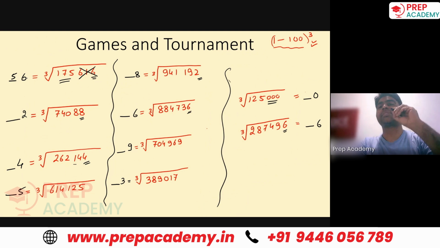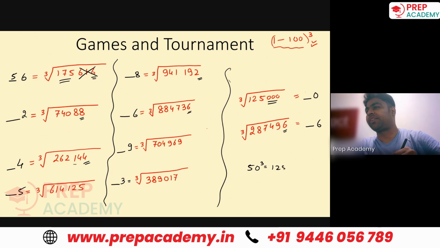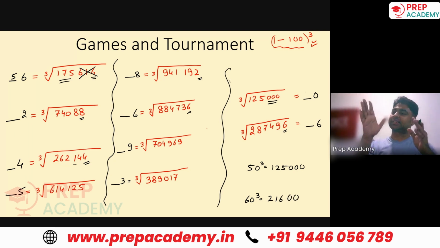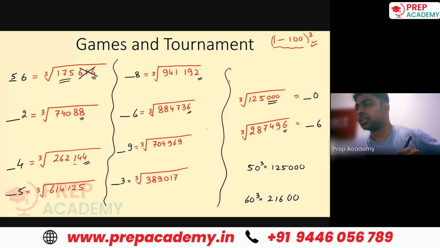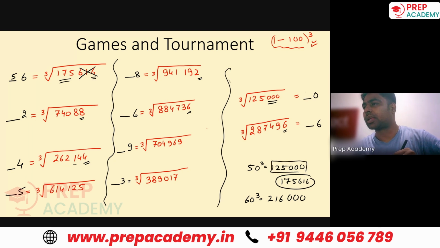Now, let me discuss the logic behind that. The logic is also very simple. Because 50 cube is 125,000, right? 60 cube is 216,000, because 6 cube is 216. Just write 3 zeros along with that. Now, the number 175616 lies between this number and this number, isn't it?